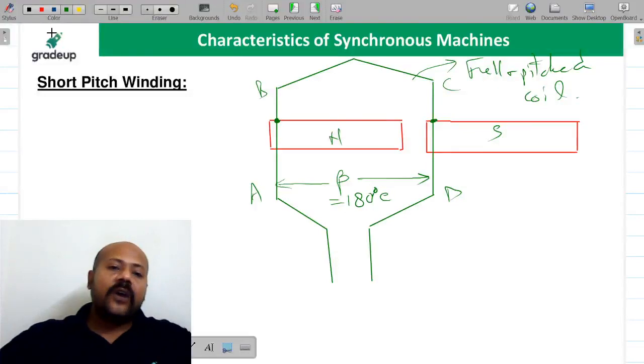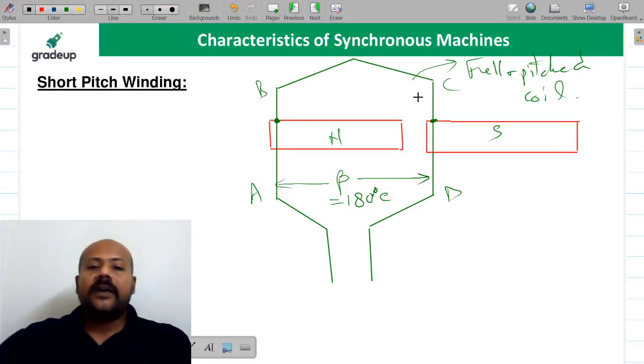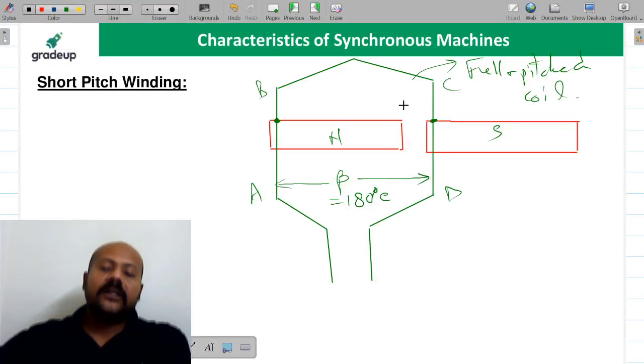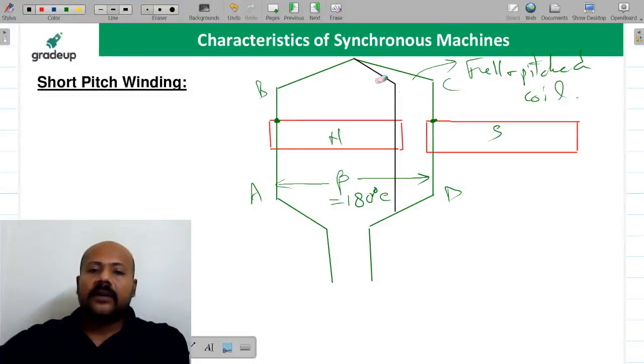Now, beta, if you have a short pitch coil, what is happening? Please see here. Suppose you have something like this. Just focus here. I am just drawing it like this. If you are not happy with my diagram skills, then don't worry.